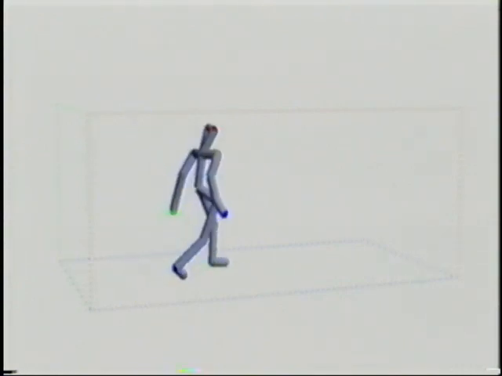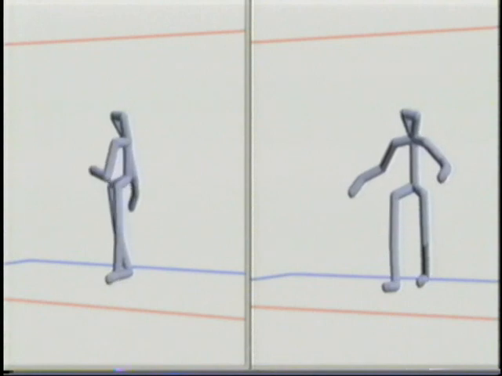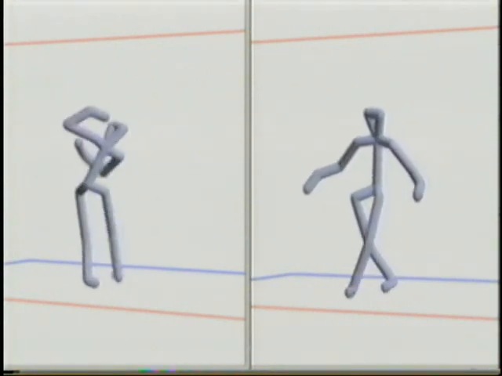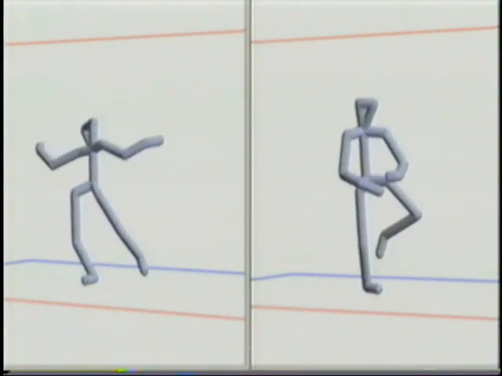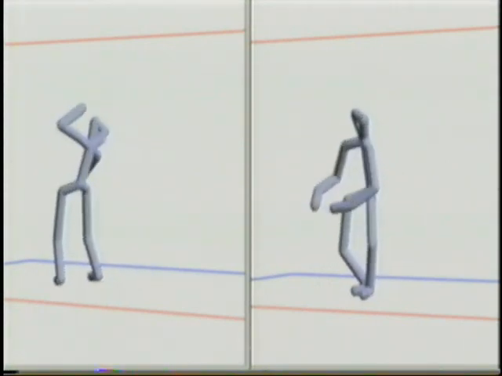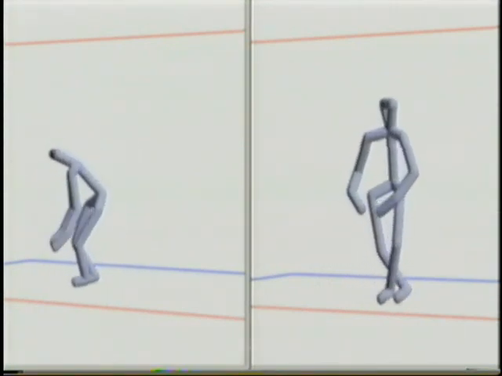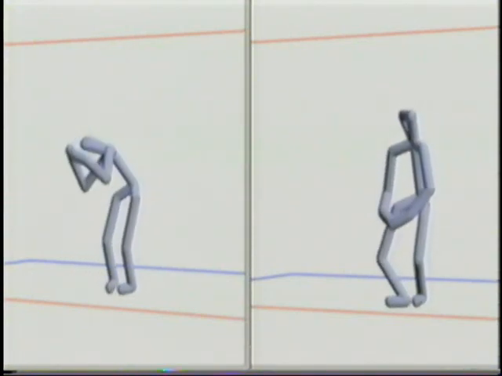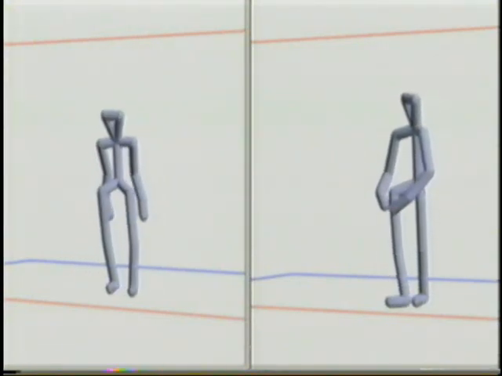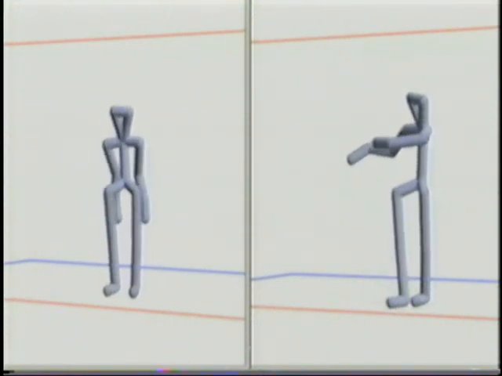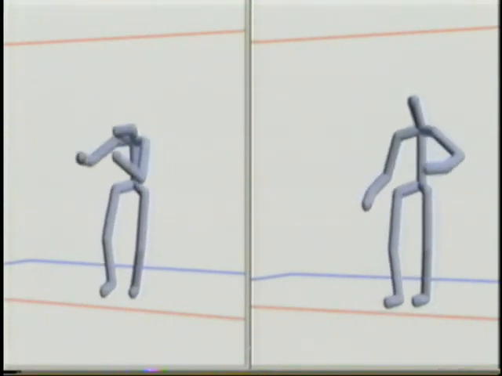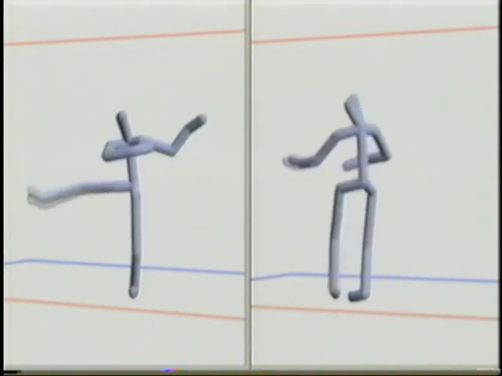Here are relevant snippets from two of the training sequences. The choreography is similar, but the motions are quite different. The learning algorithm discovers their correspondence.